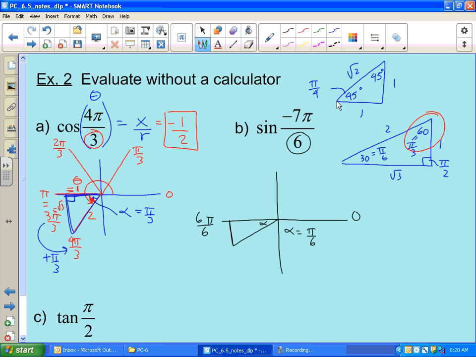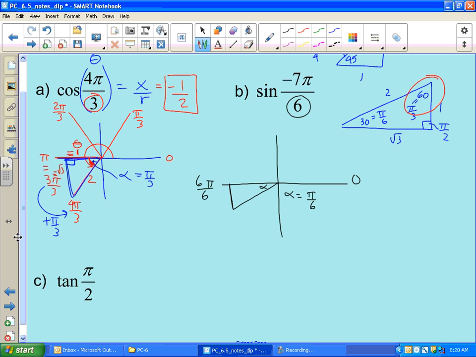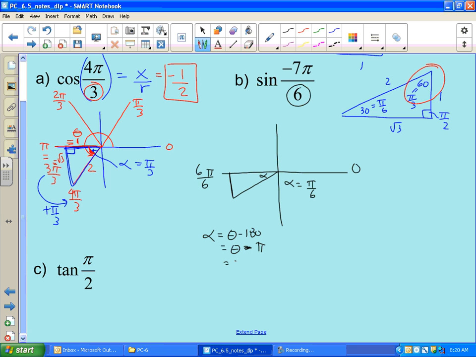And remember, the other way you can find this is if we know what our theta is. We had a rule down in quadrant 3 that said if I wanted to find my reference angle, I would do theta minus 180 degrees. But we're in radians, so theta minus pi. 7 pi over 6 is theta. 6 pi over 6 is my value of pi, which gives me a reference angle of pi over 6.